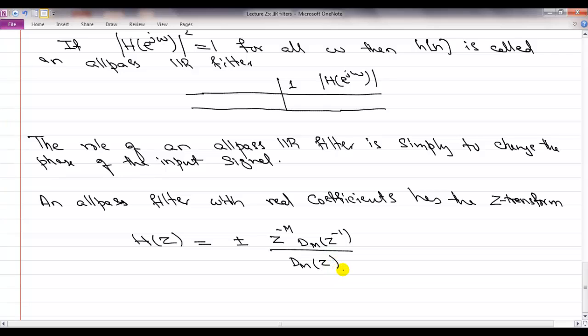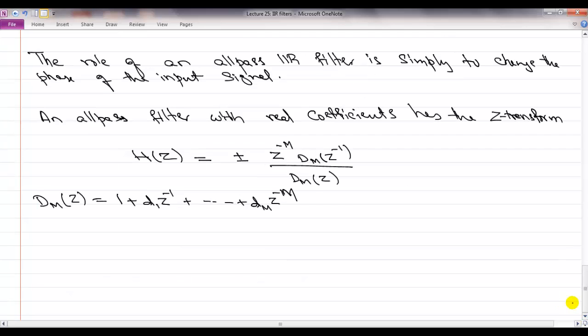So the numerator and denominator polynomials in the Z transform of an all-pass filter are exactly the same. The only difference is that one is a function of z and the other is a function of z to the minus 1. This D_M(z) is defined as 1 plus d_1 z^{-1} plus ... plus d_M z^{-M}. Okay.